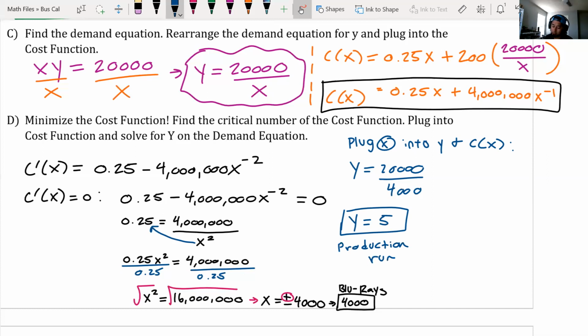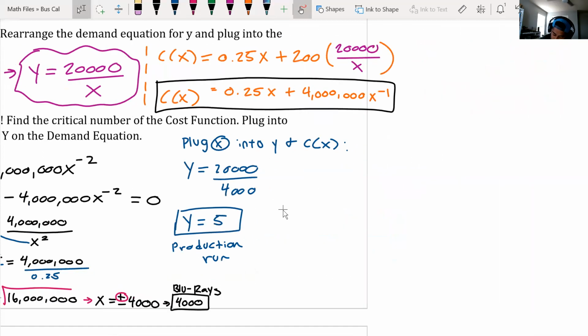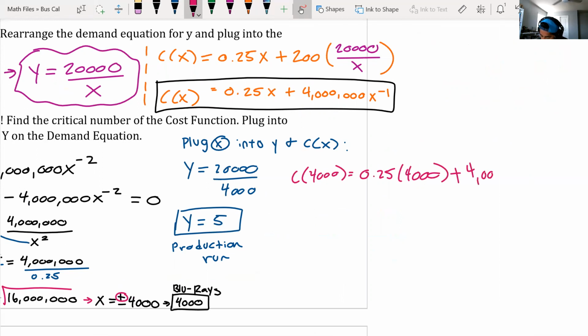Okay. And then plug it into the cost function, which is up there. And we'll have C of 4,000 equal to 0.25 times 4,000 plus 4 million times 4,000 to the negative 1.